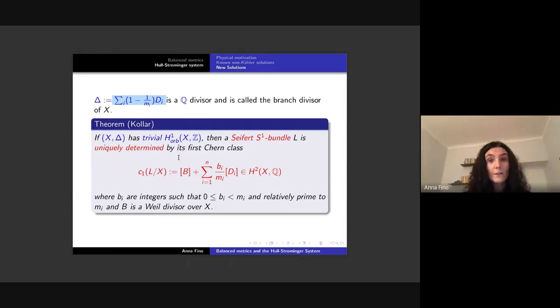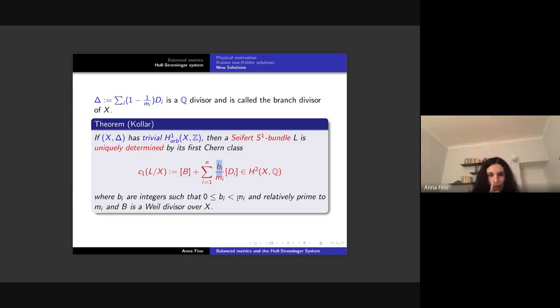And now we define this. Okay, this class representing B is just a linear equivalence class. So you are using the identification with the dual Poincaré of B. So it's a class of B, in fact. B is a Weil divisor of X. And then you have extra numbers, bi, which are smaller than mi and relatively prime to mi.